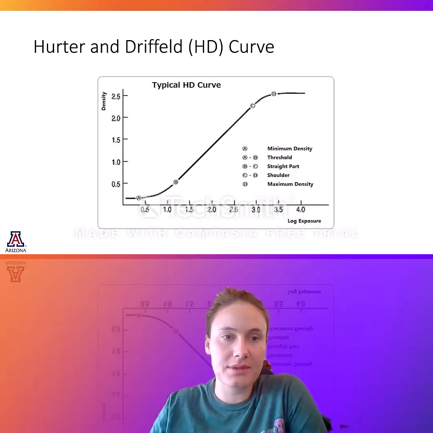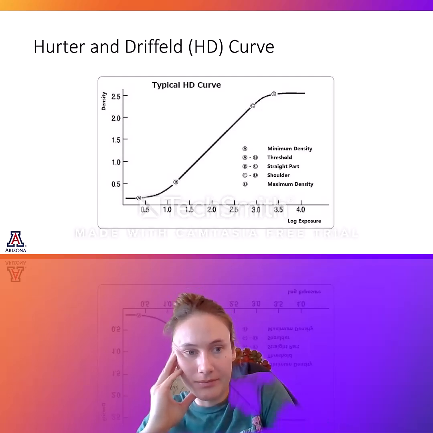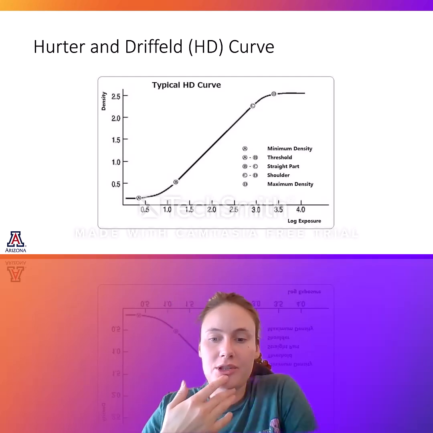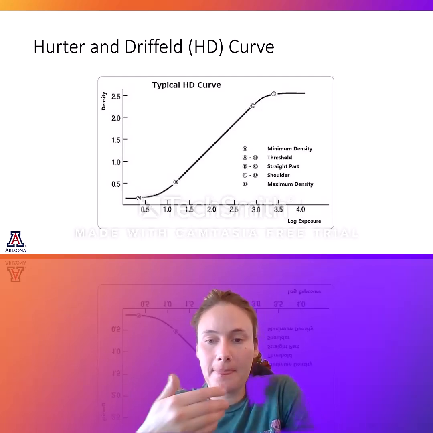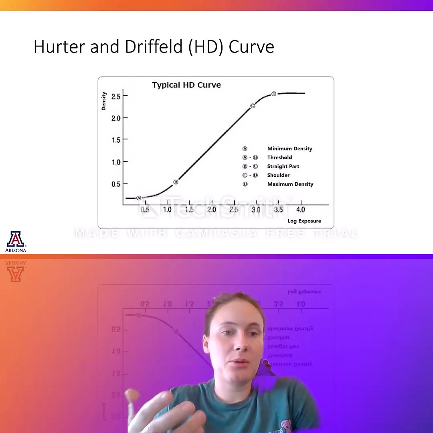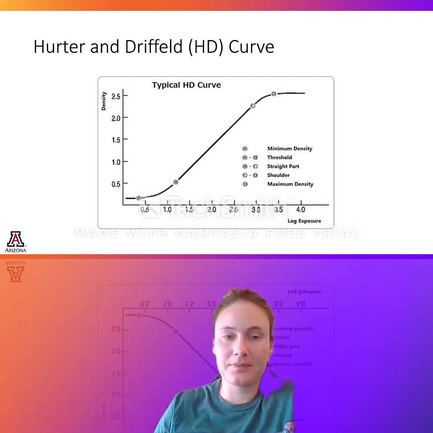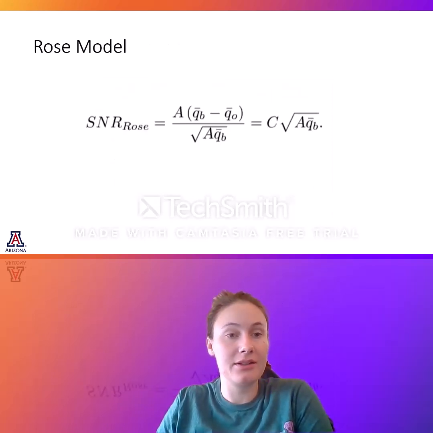However, they used what was called the Hurter and Dürrfeld curve to create an image, which measures density against the log of the exposure. And this is simply just looking at your input versus your output and getting an image from that. However, they didn't really look at noise.